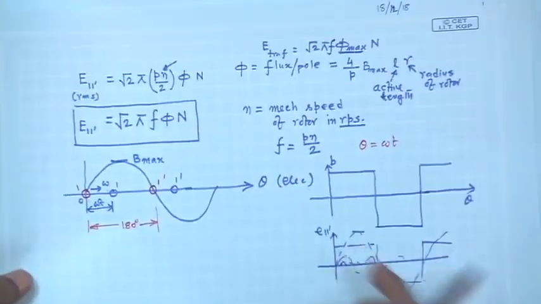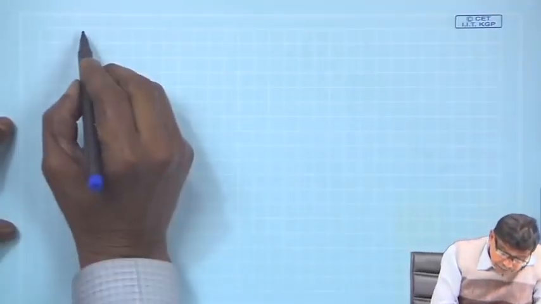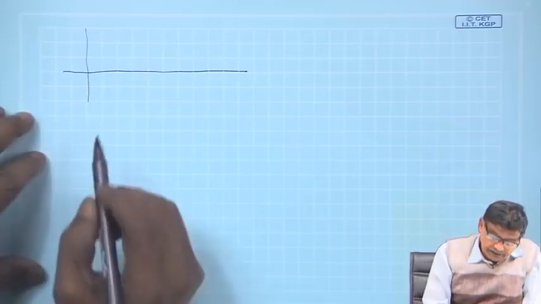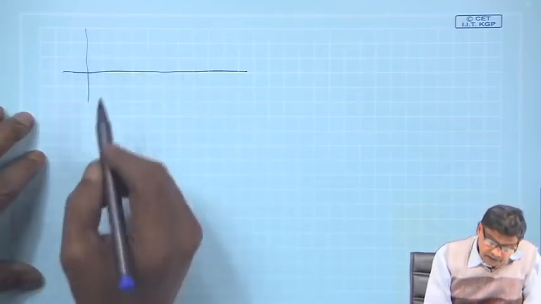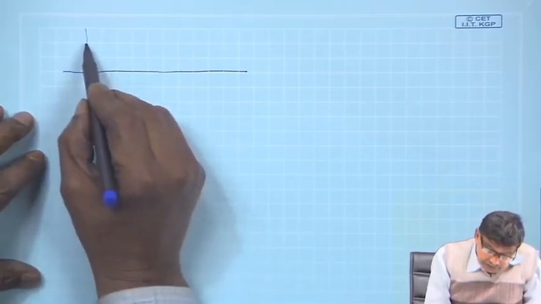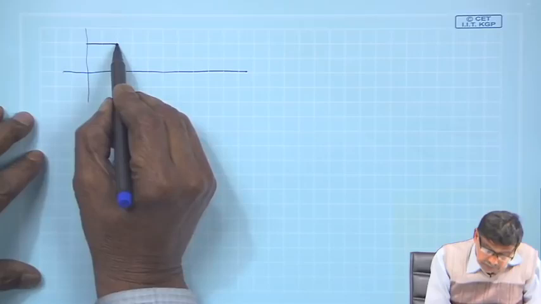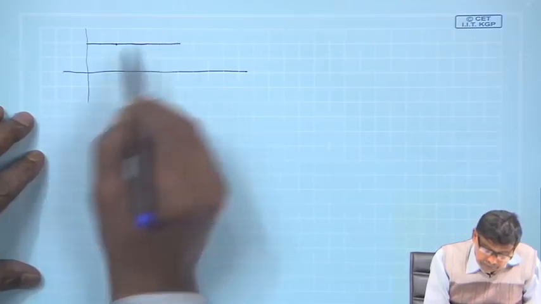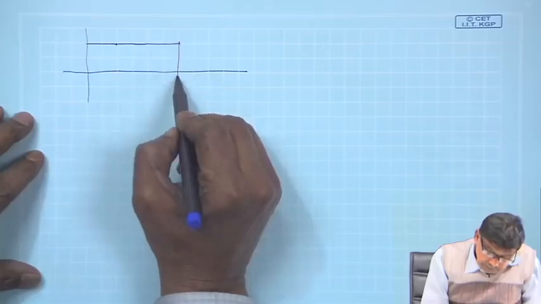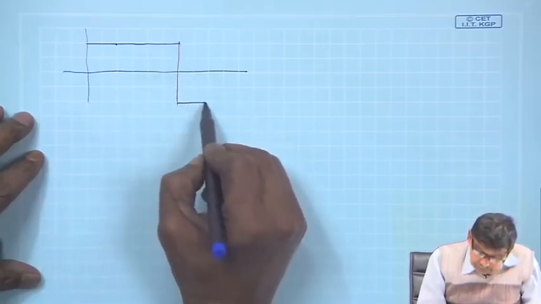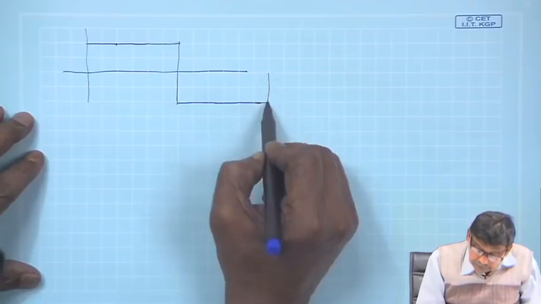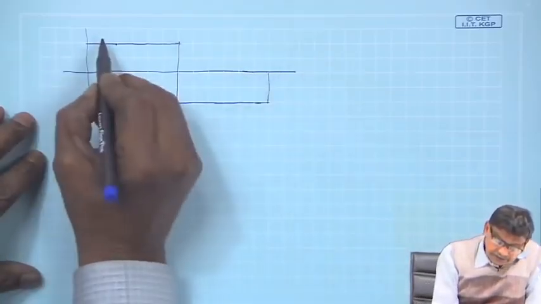Another way of doing it, then it will be clear what exactly I am trying to tell: suppose your B distribution is rectangular, single coil, multi turn, etc. So, suppose only one cycle I am drawing.